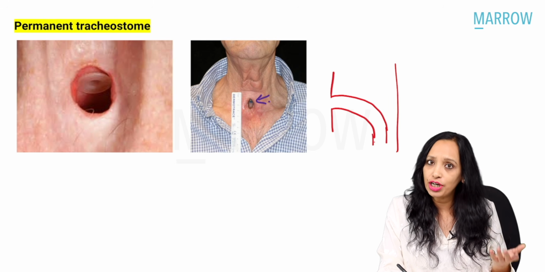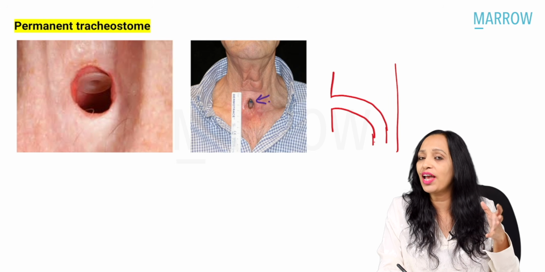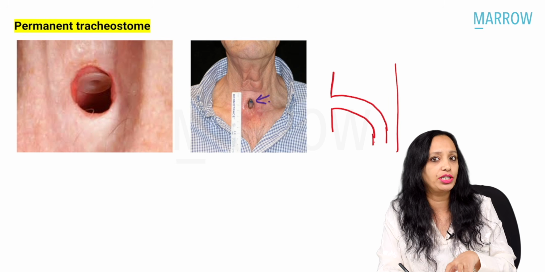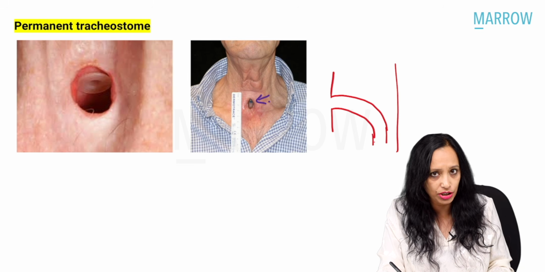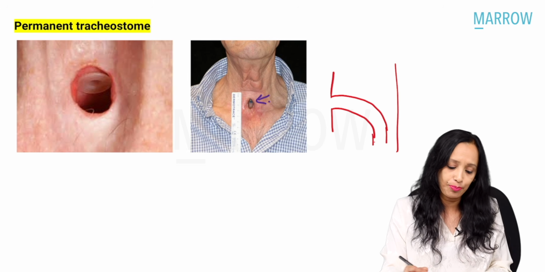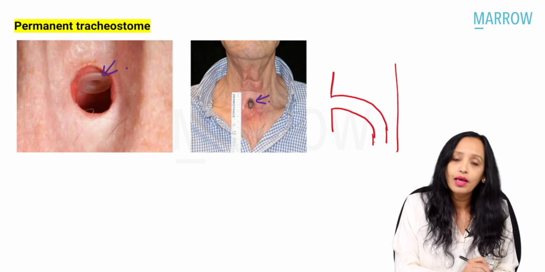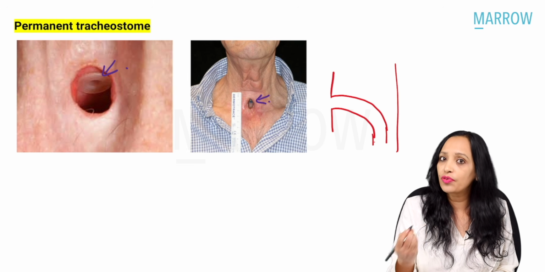Now following laryngectomy, when we have removed the vocal cords, we have to give speech rehabilitation to the patient. That we can give by esophageal speech, or we can give by putting a prosthesis here. This is what is known as tracheoesophageal speech.